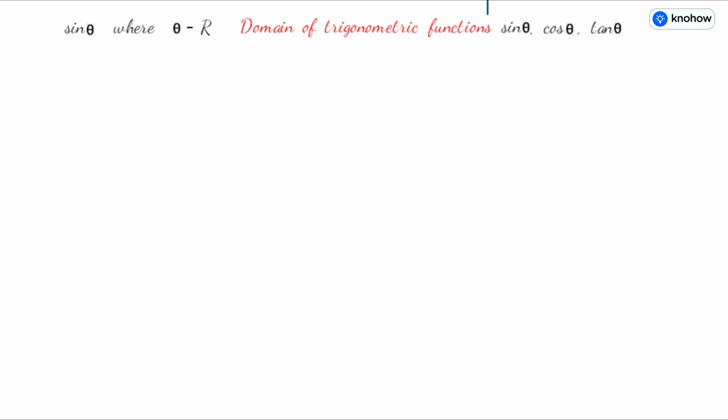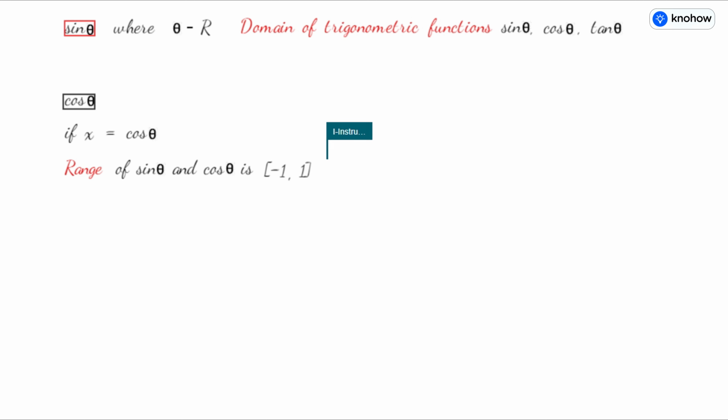And the values of sine theta or cos theta, if I denote x equal to cos theta, what is the range? The value of sine theta and cos theta lie between -1 to 1. That is the range. So we already know about the trigonometric function.